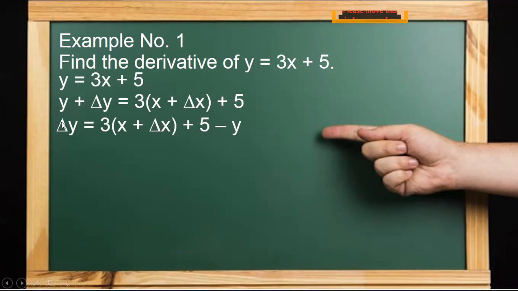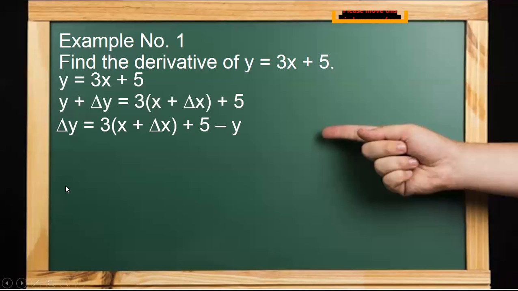Or we can do it the other way: we can transpose y to the other side of the equation before we eliminate this grouping symbol. It's okay because we're just following the delta step rule. Whatever order you're doing, the answer will be the same.